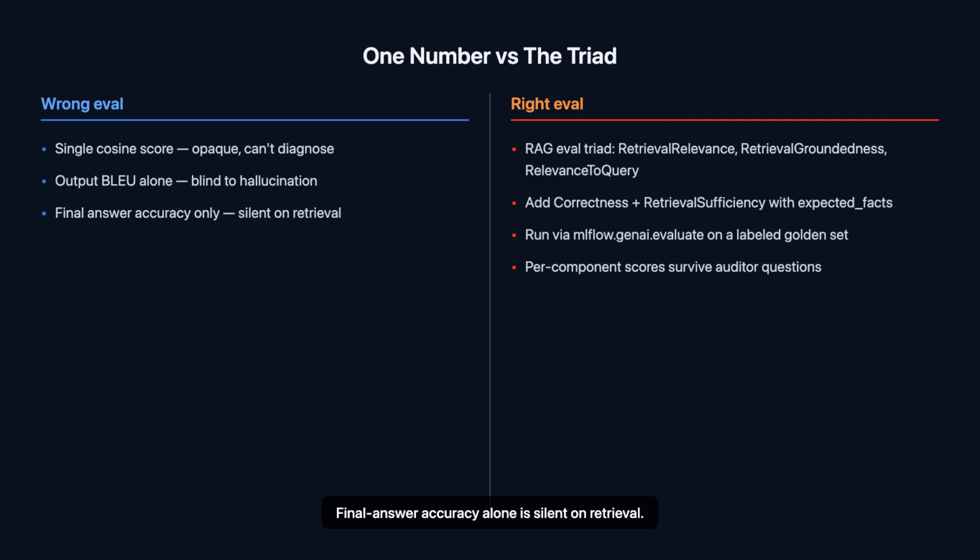The right evaluation is the RAG triad: retrieval relevance, retrieval groundedness, and relevance to query, paired with correctness and retrieval sufficiency using the expectations field for labeled facts. Run all of it through MLflow GenAI evaluate on a labeled golden set. Per-component scores are what survive the auditor's questions, because each one points at a different leg of the pipeline.